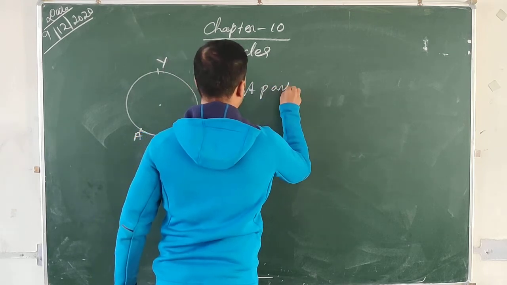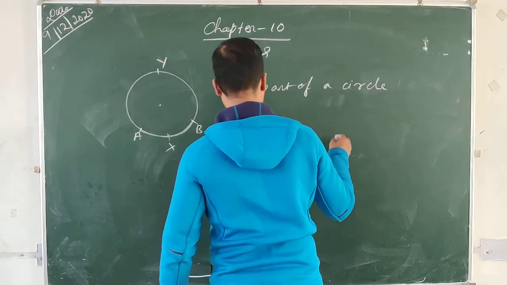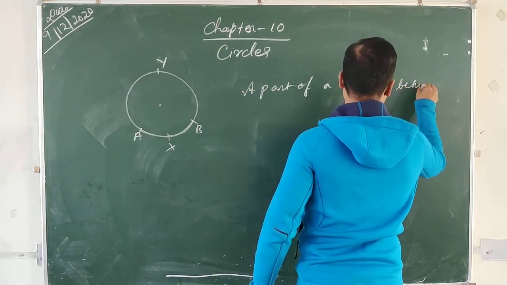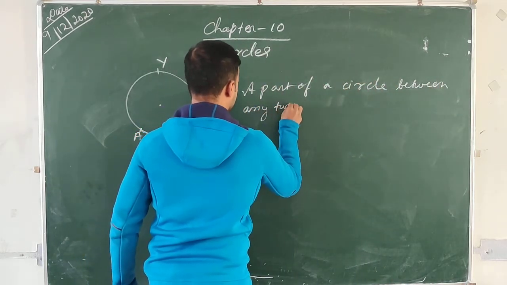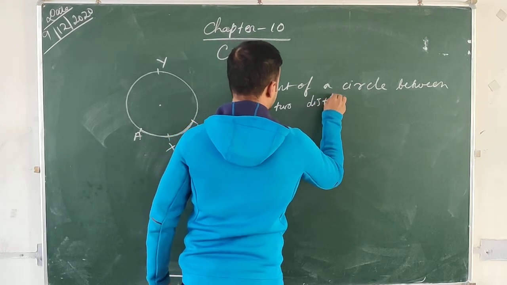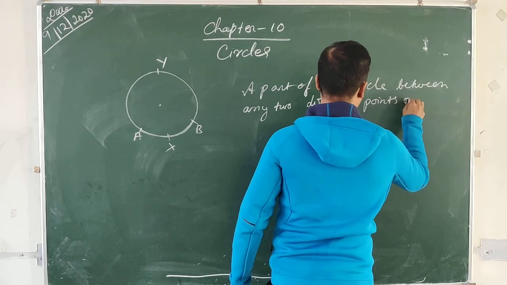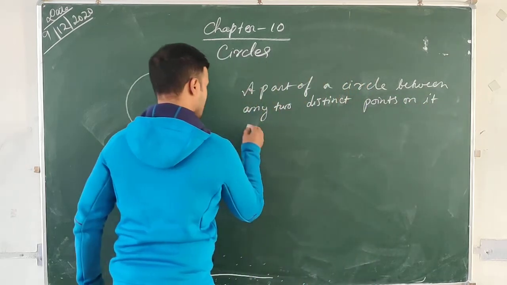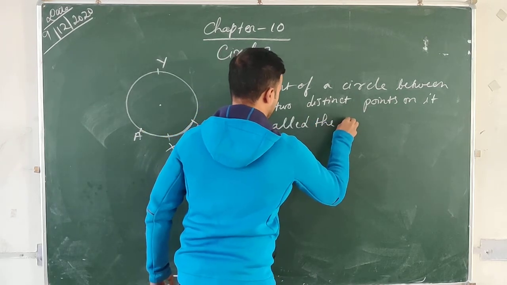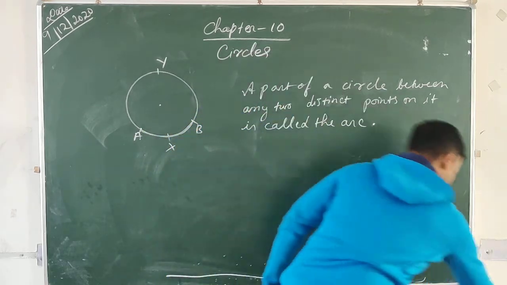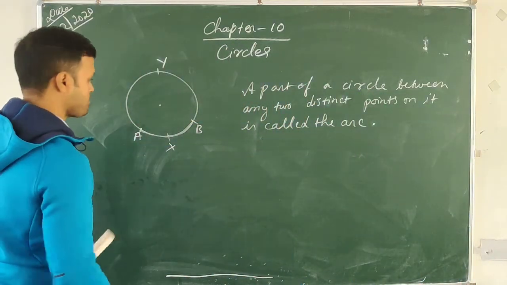A part of a circle between any two distinct points on it is called an arc.